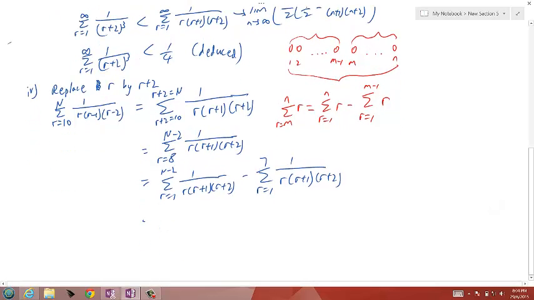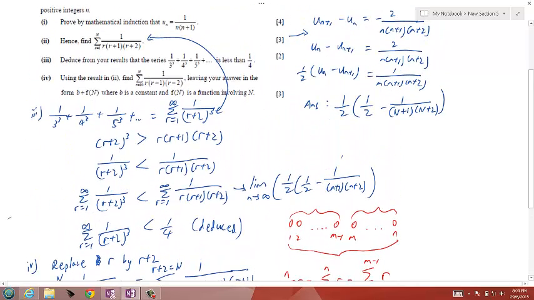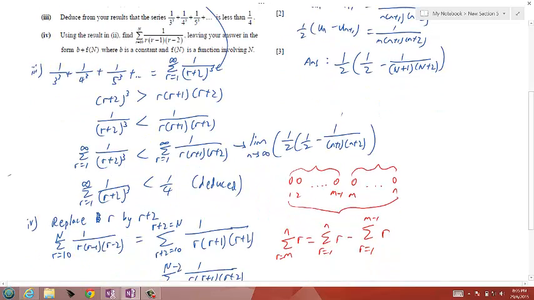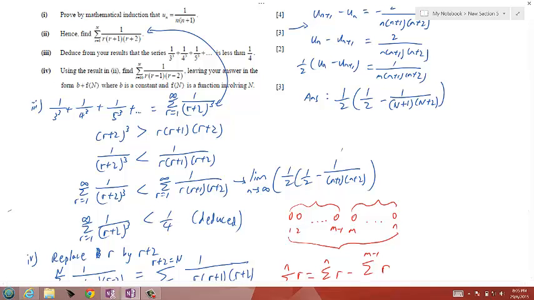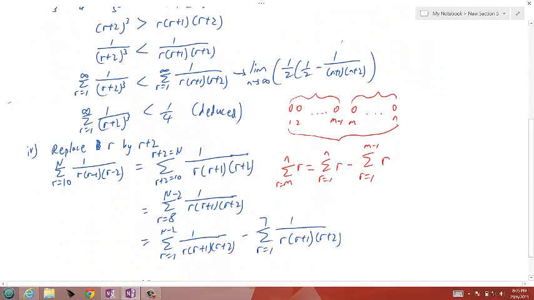We are nearing there already. Once they have the same start point, to change the end point is very simple. You just got to replace your n by n minus 2. Because remember, for part 2, you're summing from 1 to n, but now you're summing from 1 to n minus 2.